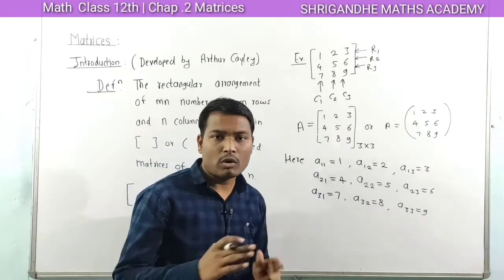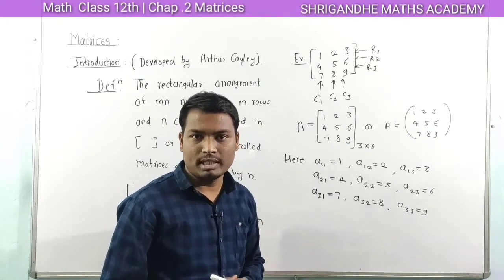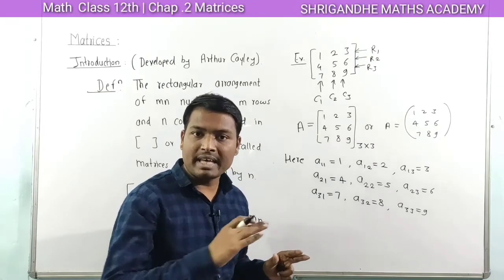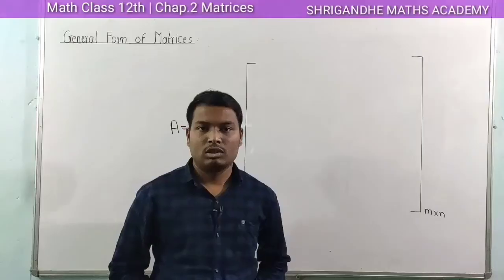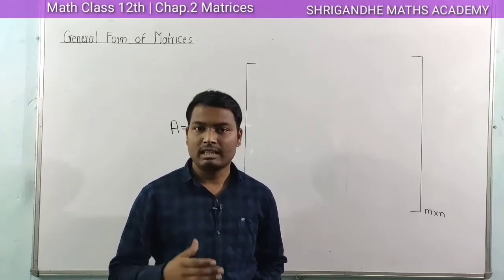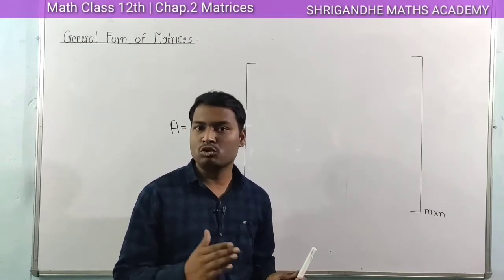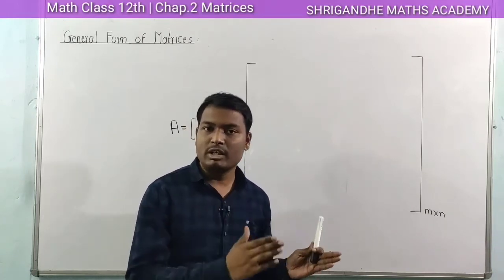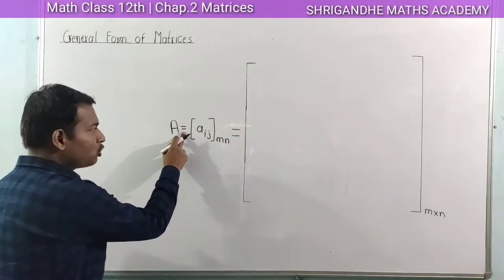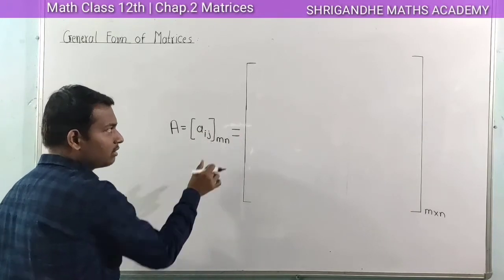Now we have to expand this to matrices with m rows and n columns. Clear? How to write the given matrix in general, that is having m rows and n columns. Students, now let us discuss the general form of matrices, that is the matrix having order m by n, meaning a matrix containing m rows and n columns. Let capital A be the matrix containing entries aij of order m by n.